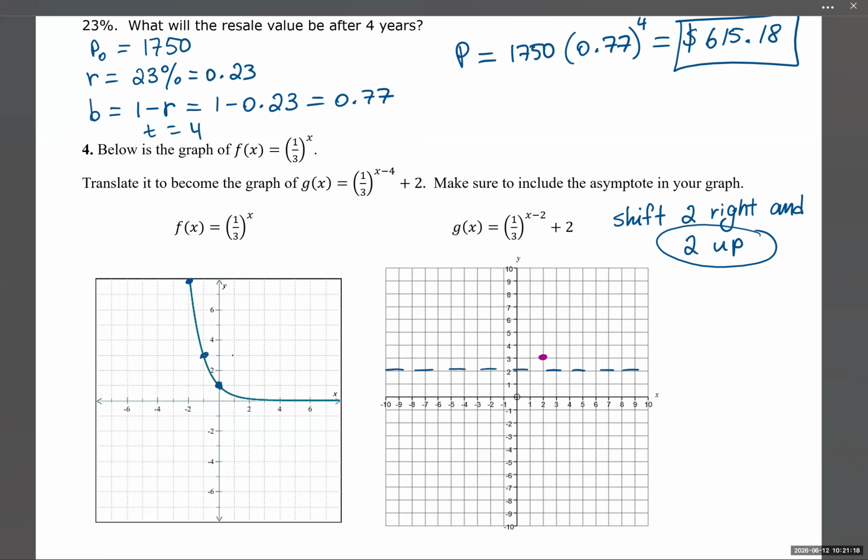Then this point, 2 to the right and 2 up, it's at (1, 5). That's right here. And this point, 2 to the right and 2 up, well, that's going to be off the screen, so I guess we're not going to be drawing that one. We'll go ahead and connect the dots here. Make sure you're not crossing the horizontal asymptote.